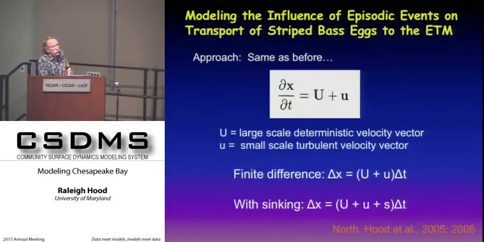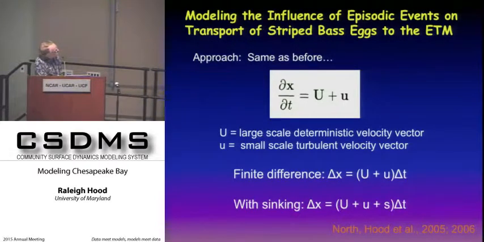But in this case, we're being a little bit more sophisticated, and we're using these hydrodynamic models to not only calculate the flow, but also calculate turbulence. And we're using the turbulence specified by the turbulence closure models in these hydrodynamic models to scale this parameterized turbulence in the three-dimensional flow. And so we can finite difference that.